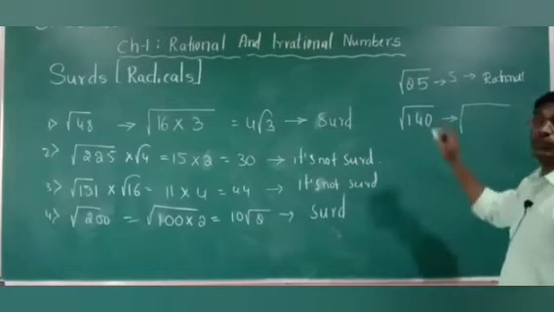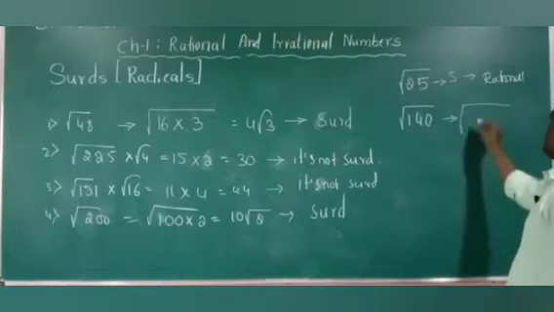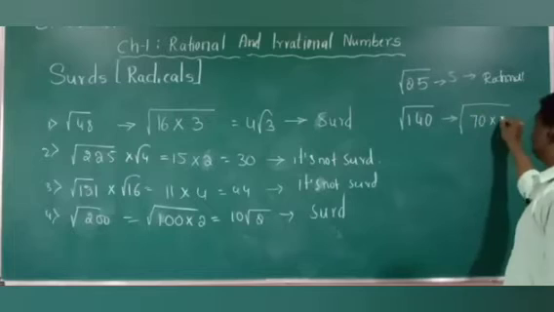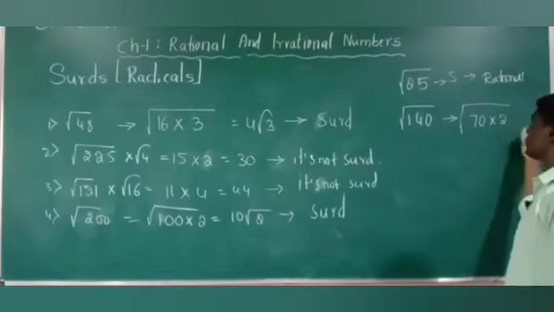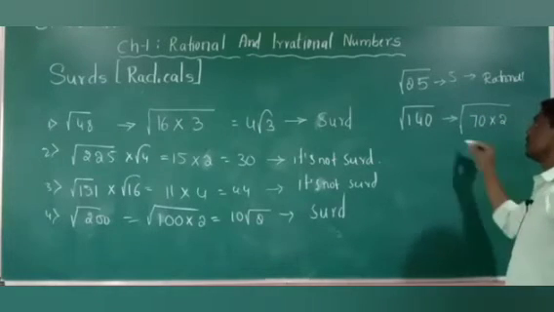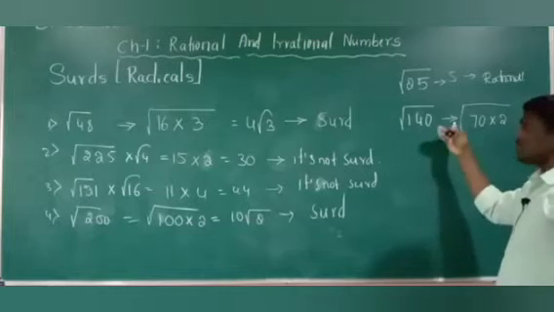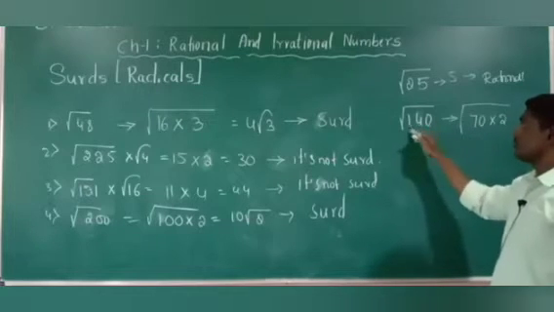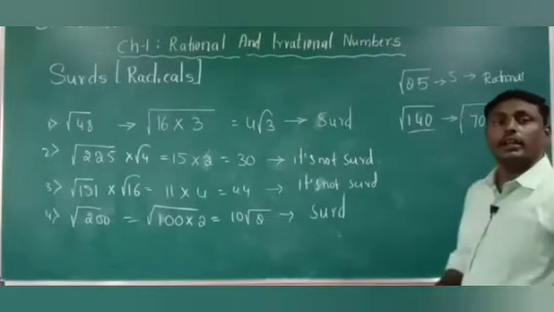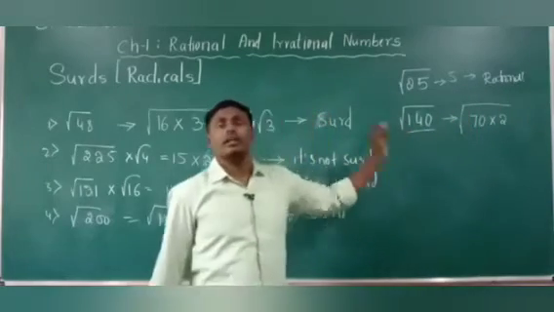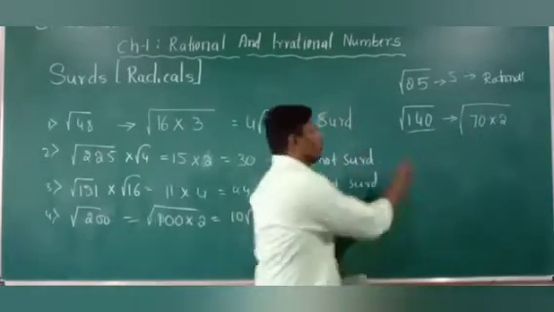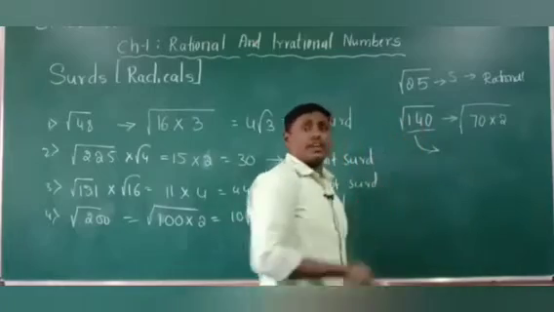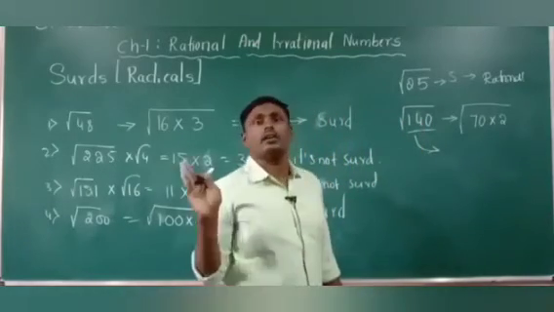So can you split 140? 70 into 2. Here 70 is not a perfect square and 2 is also not a perfect square. Is there any other factor for finding whether root 140 forms a radical or not? No, because it is not a perfect square number.